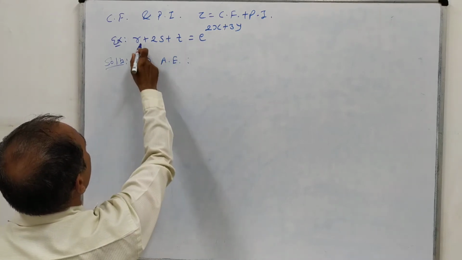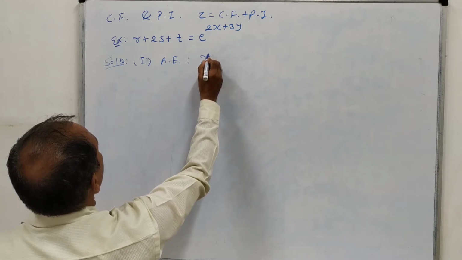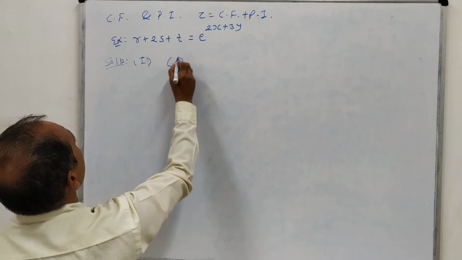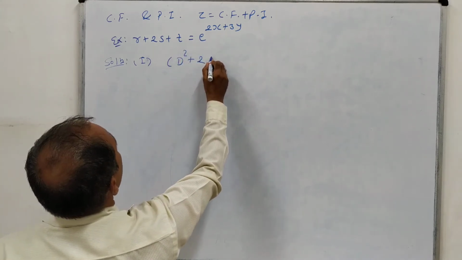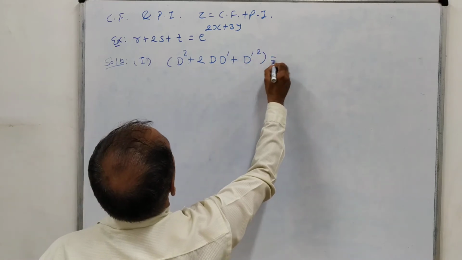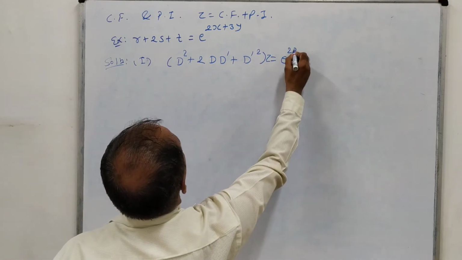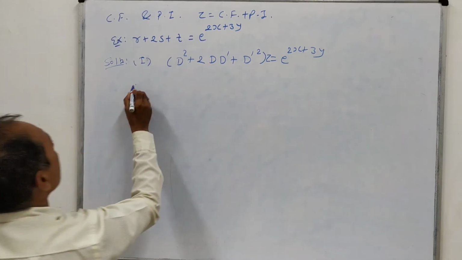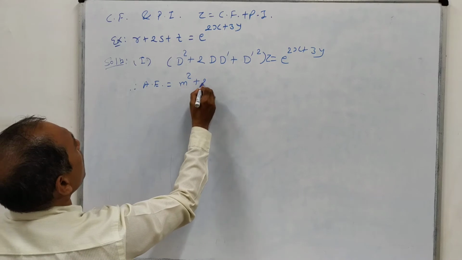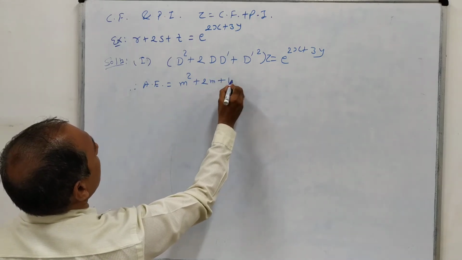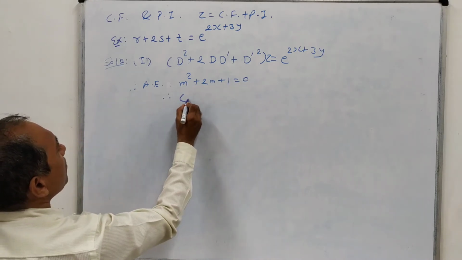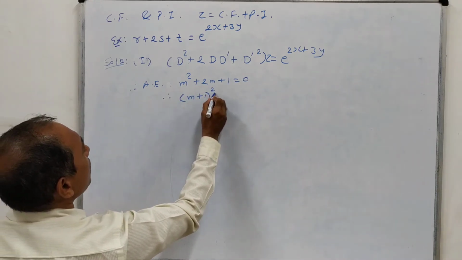We can write r as D square, 2s means 2 D D dash, and t is D dash square, equal to e raised to 2x plus 3y. So we have the auxiliary equation m square plus 2m plus 1 equal to 0, and therefore (m plus 1) whole square equal to 0.